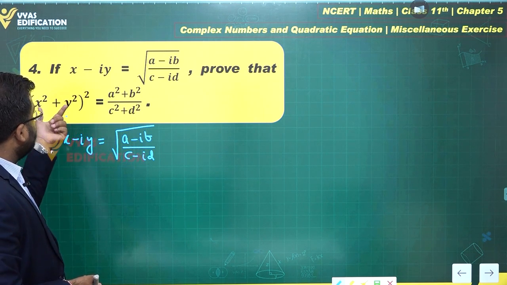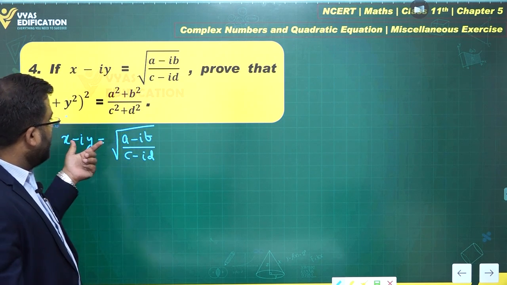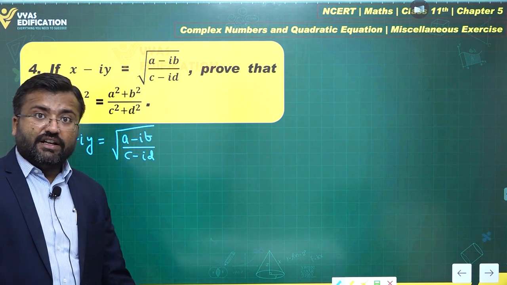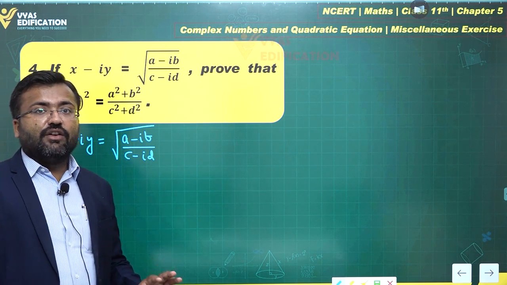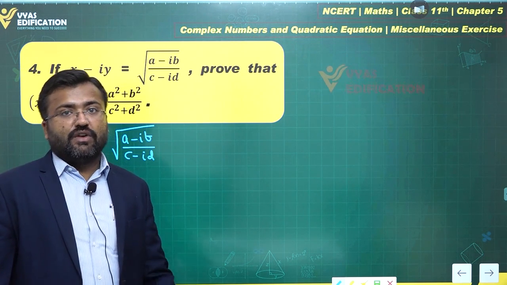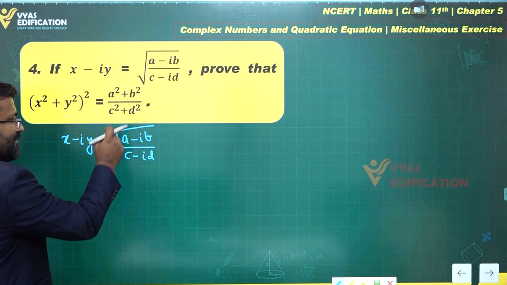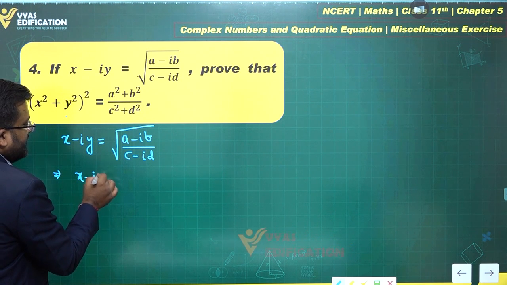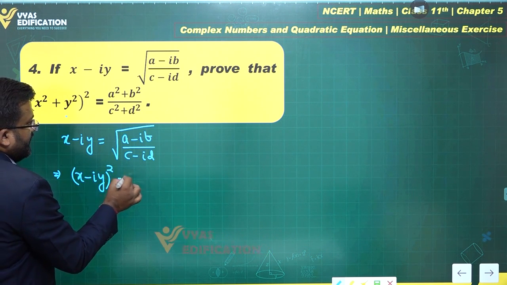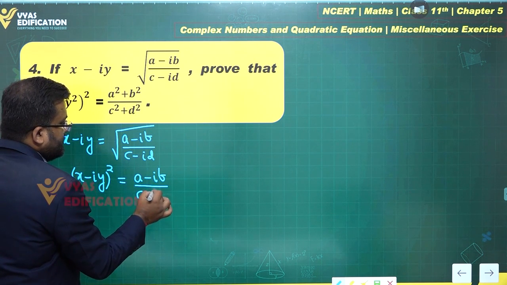So x square plus y square has something to do with this. Basically x square plus y square is nothing but the modulus square of x minus iy, right? If x minus iy is a complex number, we take its modulus. What we will get? Under root of x square plus y square, yes. So we'll go in that direction only, but first let's remove this square root from here and let's write it as this. (a minus ib) over (c minus id).